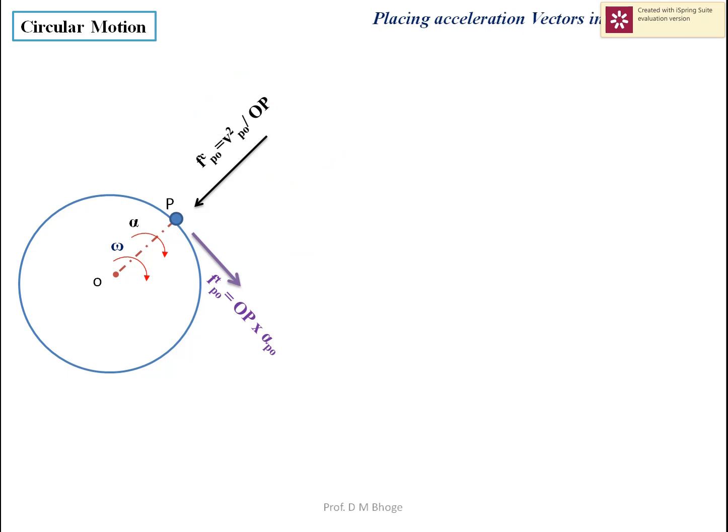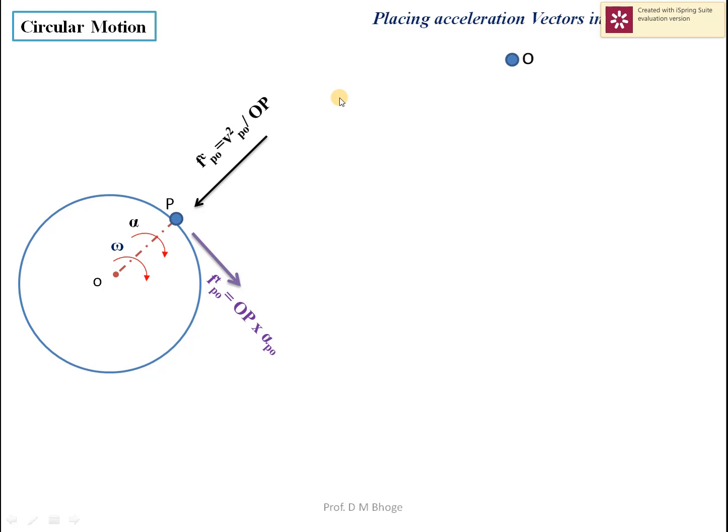Now, placing acceleration vectors in vector polygon. So we have two components of acceleration now, FCPO and FTPO. Suppose in vector polygon we have with us point O. Usually the centripetal or radial component of acceleration is plotted first.